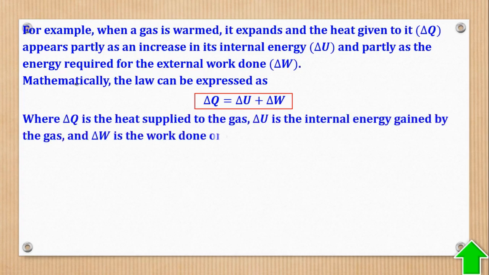You already know what that means. Delta Q is heat supplied, delta U is the internal energy, and delta W is work done.